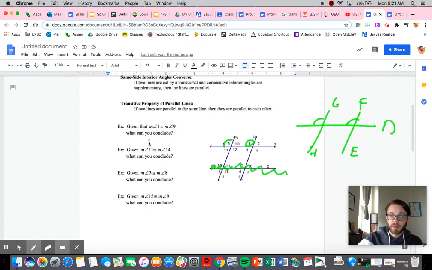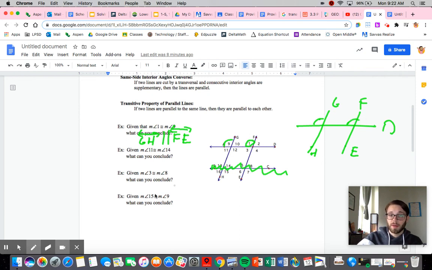So we can conclude that GH is parallel to FE. And that just comes from the fact that we're told that these corresponding angles are congruent. Because we know that they're congruent by the converse, we can say that these two lines are parallel.